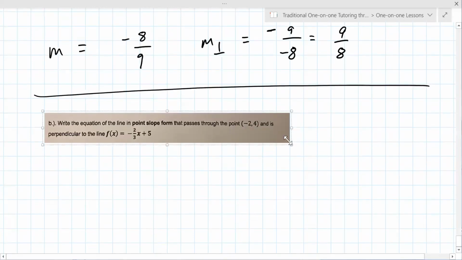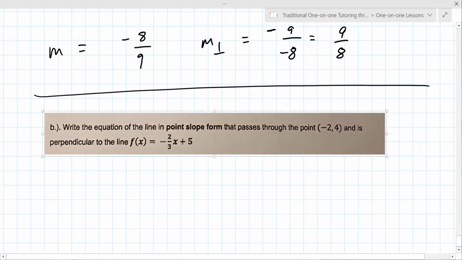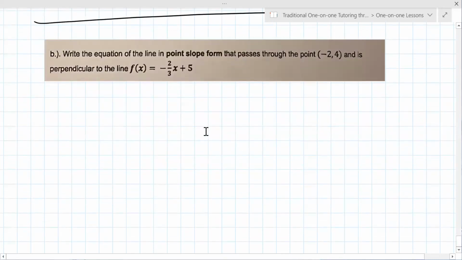The point is that you've got to trust me that this is going to lead into being able to do that. So what is the slope of this line?